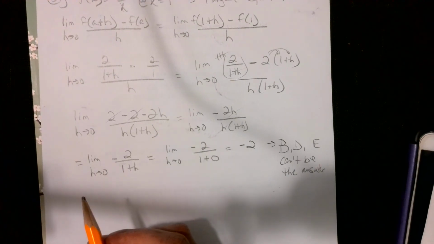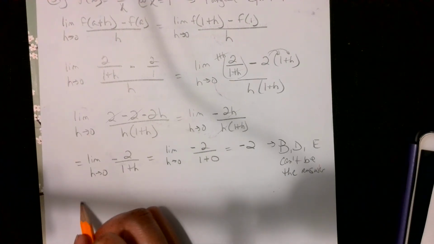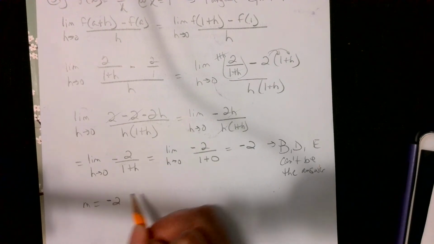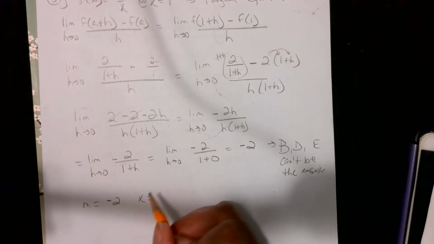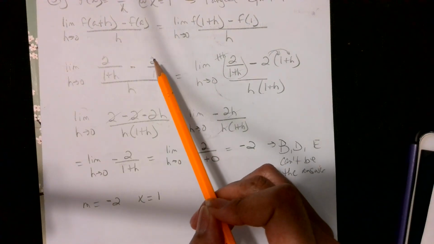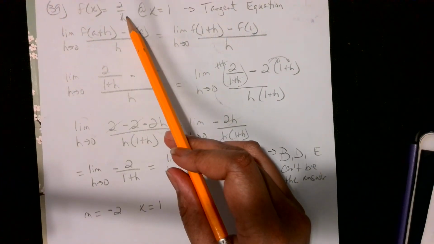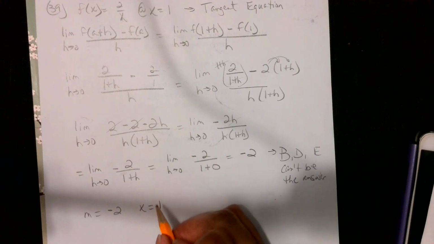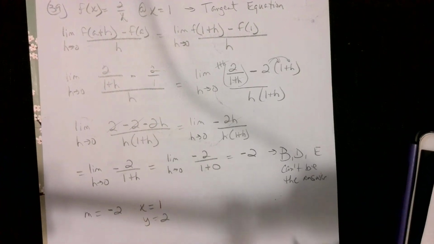And we want the tangent equation. So our slope is negative 2. X is 1. And when we plug in 1 here, 2 over 1 is just 2. So y is 2.